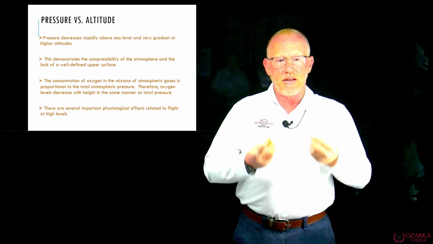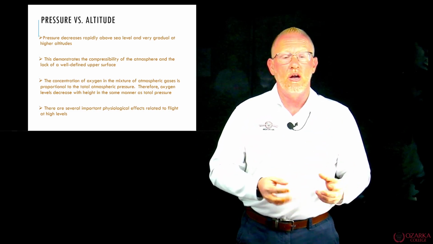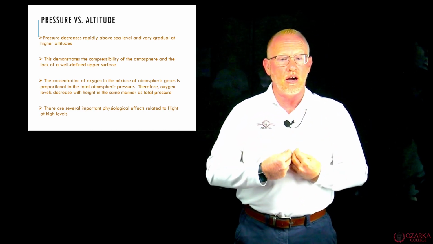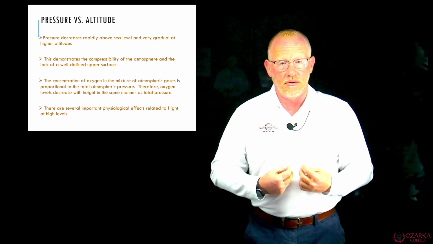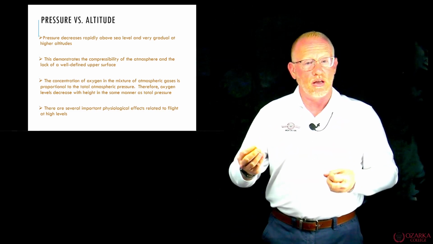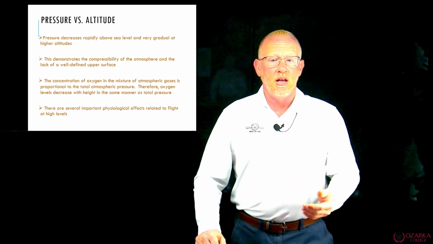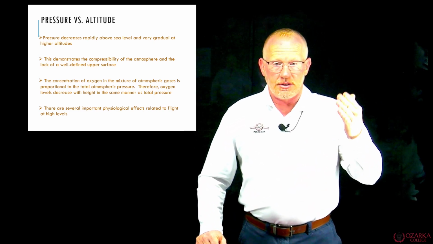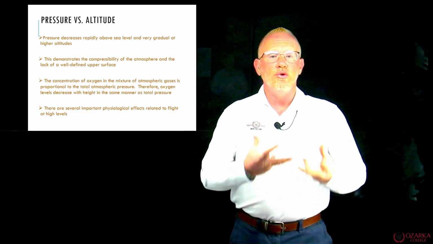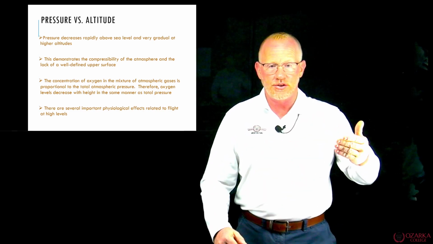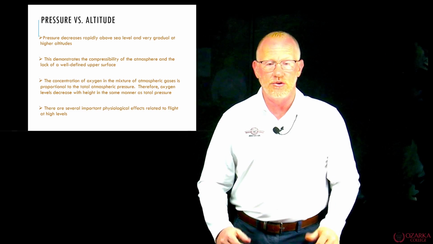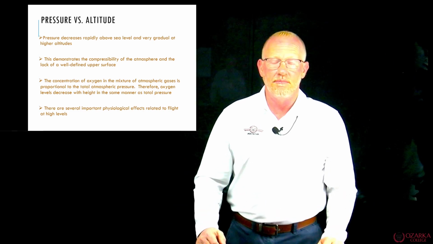Well, we have to have partial pressure for our bodies to infuse that oxygen into our blood, for our red blood cells to be able to pick it up and carry it throughout the different organs and different systems of our body. The pressure is less, therefore we can't use the oxygen that is available at those altitudes without that pressure, okay?